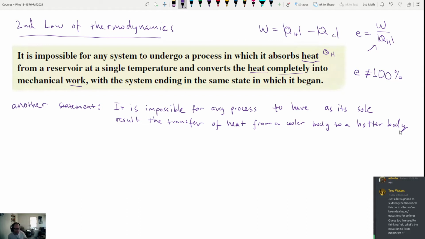Okay. So the book calls this the refrigerator statement. It's also been referred to as the Clausius statement, but it's not really that important.